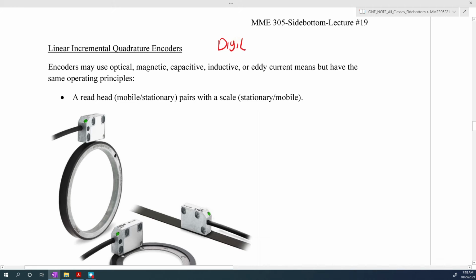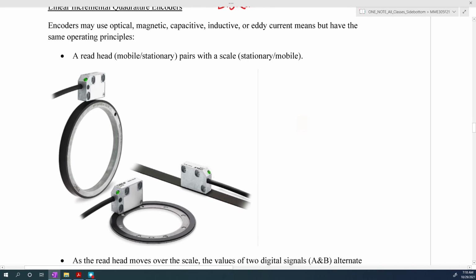So they don't provide a continuous displacement. They give us displacement at finite points. How encoders work is that typically they have a read head and a scale, and they can have both linear and rotary scales and read heads.